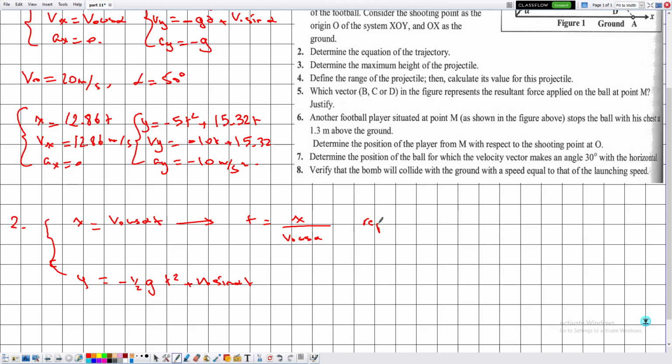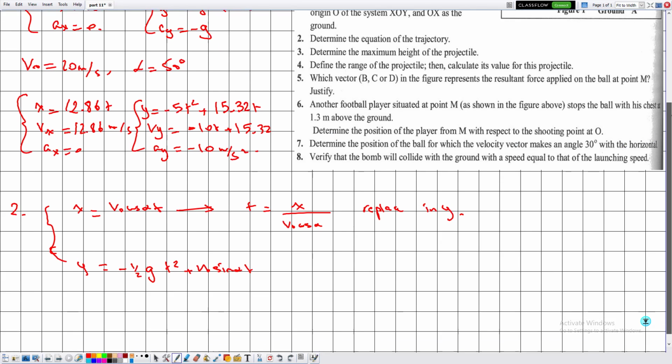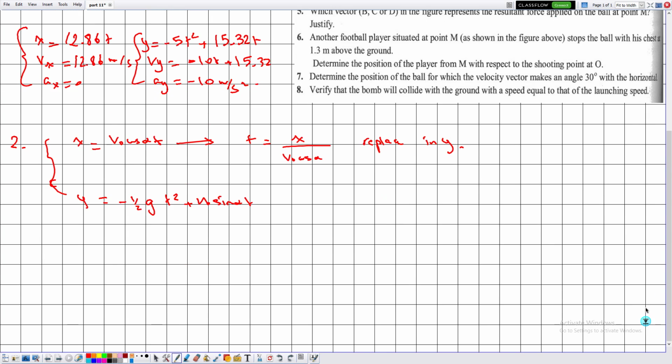Now replace in y, so y is equal to minus half g into x divided by v0 cosine alpha to the power 2 plus v0 sine alpha multiplied by x divided by v0 cosine alpha. So v0 simplifies with v0.